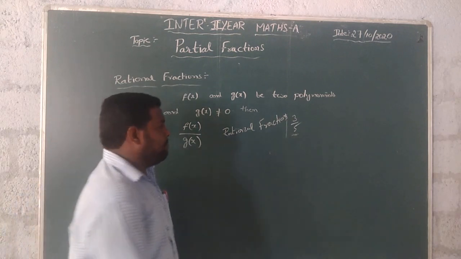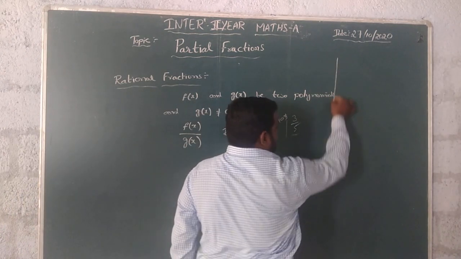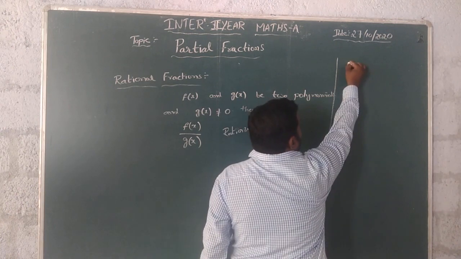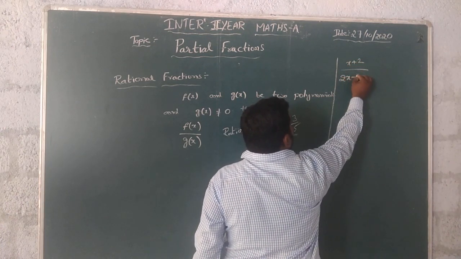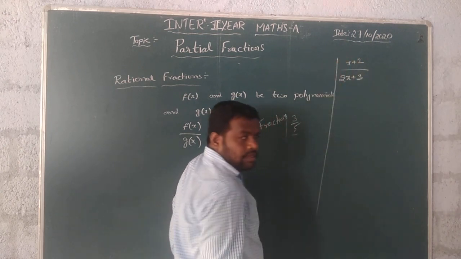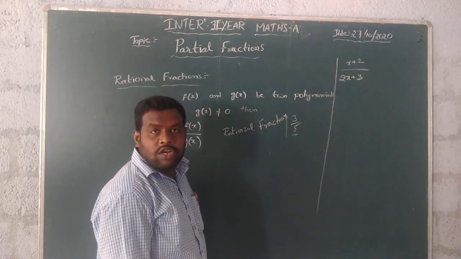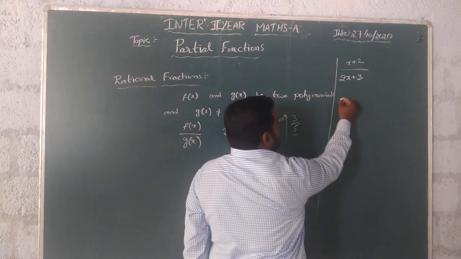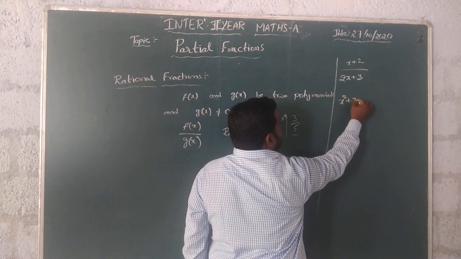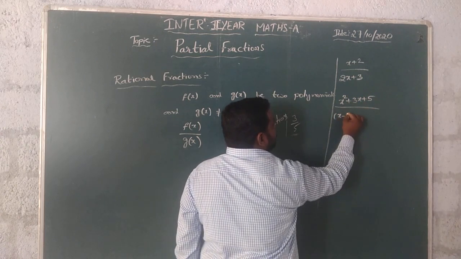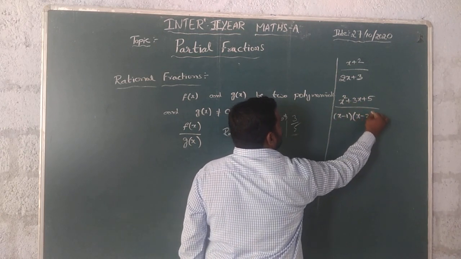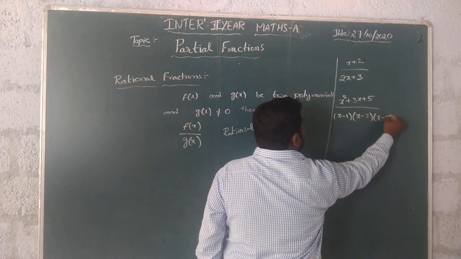So for example, x plus 2 by 2x plus 3. This is also a fraction, a rational fraction. So next, x square plus 3x plus 5 by x minus 1 into x minus 2 into x minus 3.